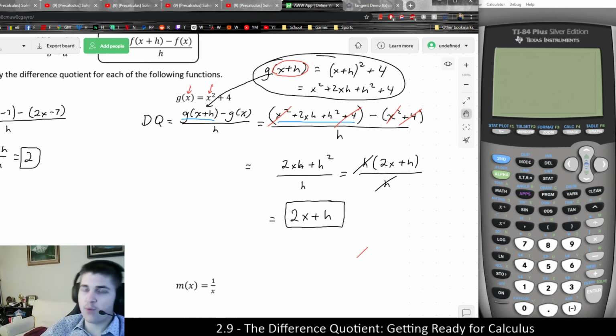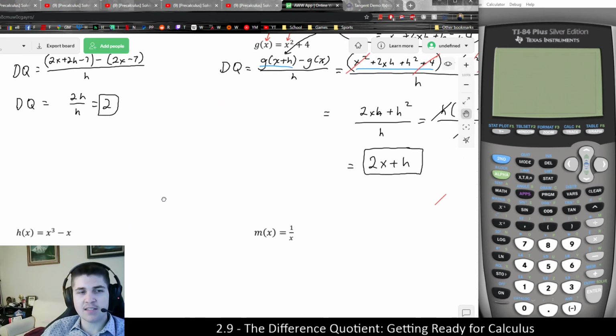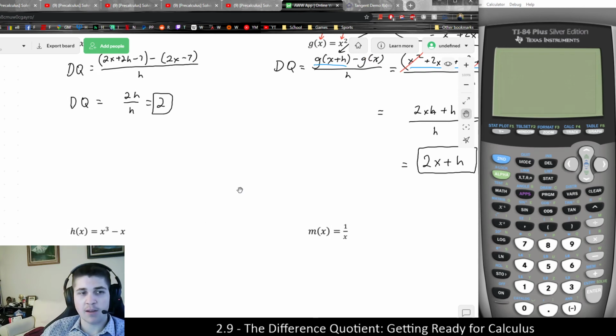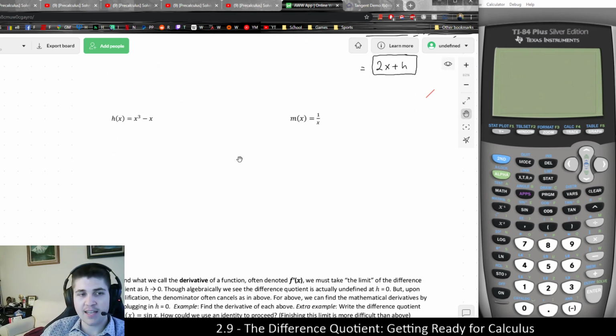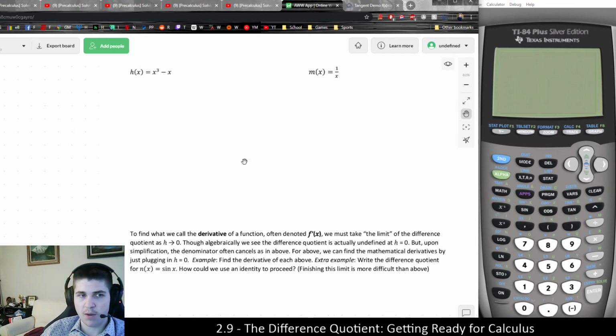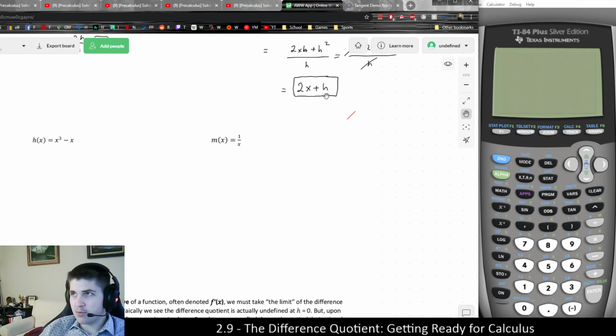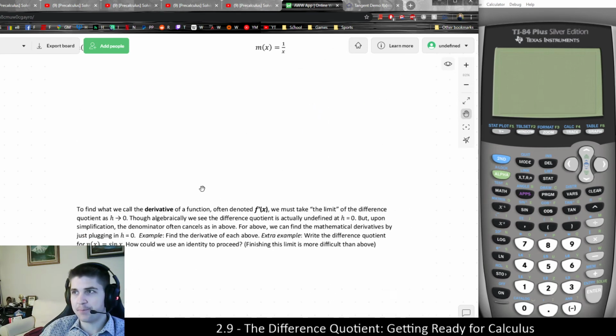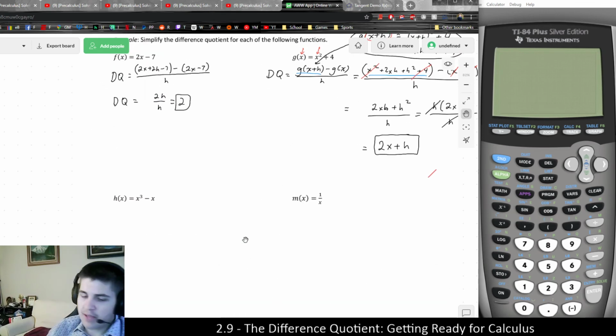And the last step for calculus, and you're going to talk a lot about limits, and it takes a long time to discuss the meaning of limits properly, but the gist of it is that in some contexts, we just plug in h equal to 0, because here h is defined to be 0, and I'm allowed to just figure that out. But anyways, that would be the difference quotient. That's the end of that problem.